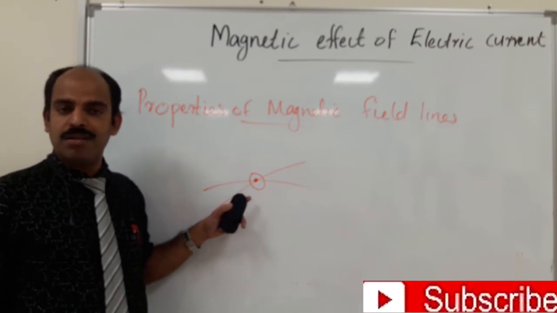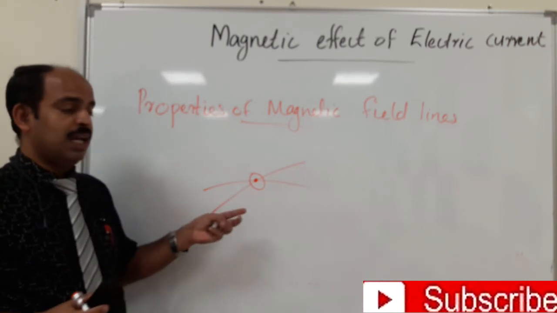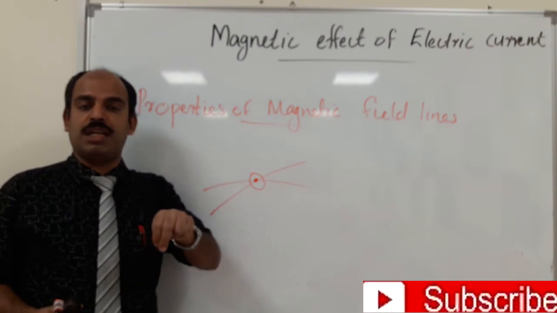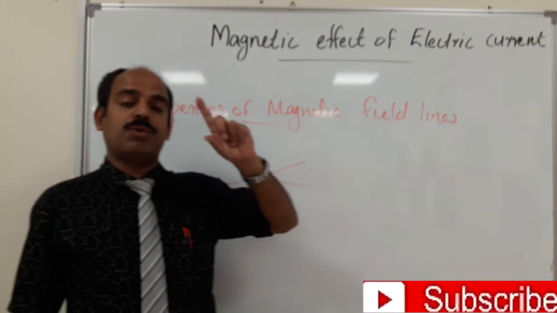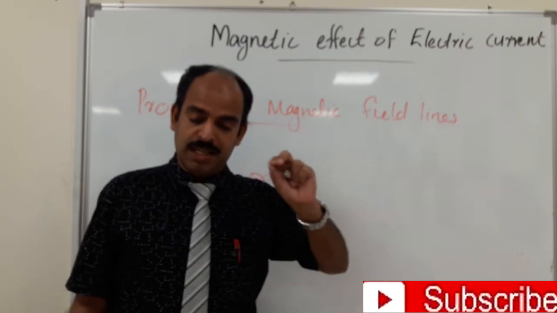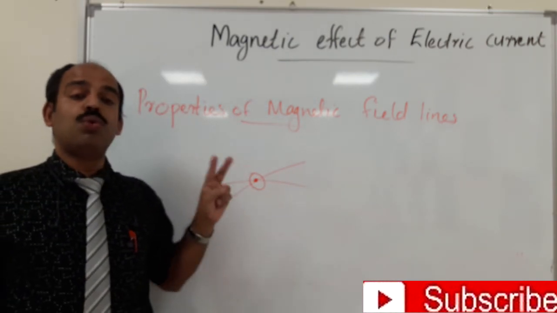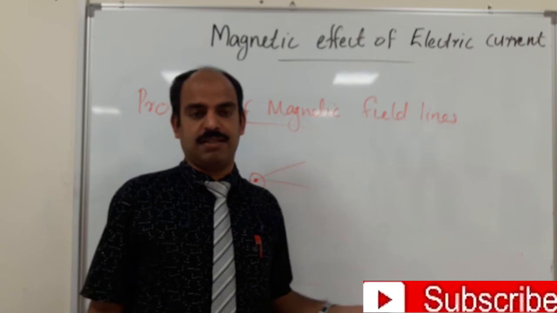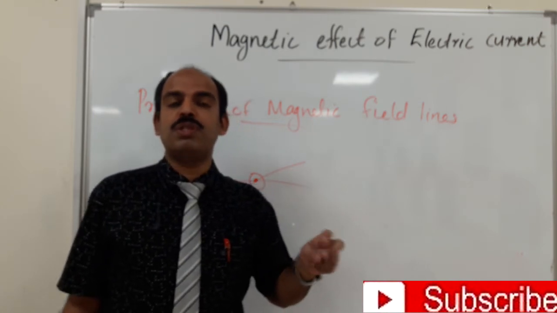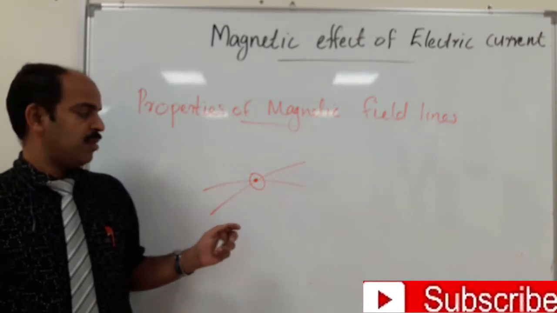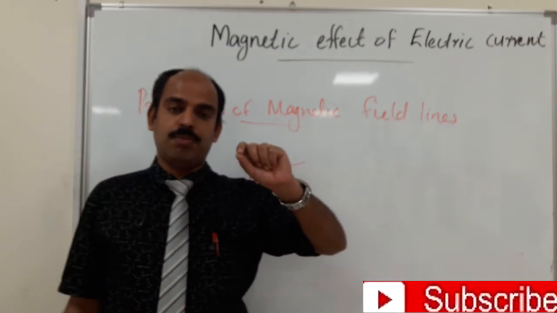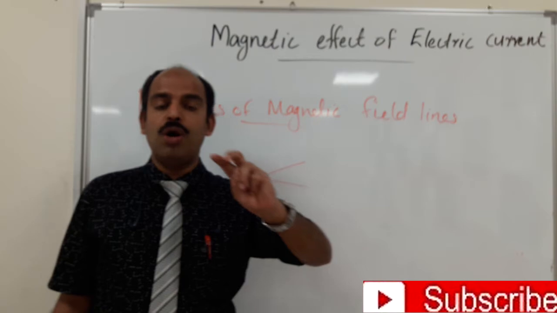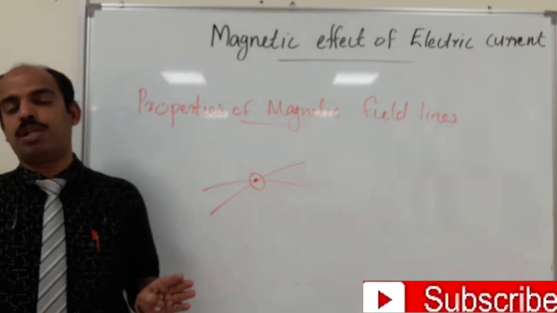Is it possible? No. How can the compass needle show two directions? It is impossible. That is why we can say that two lines of force never intersect.